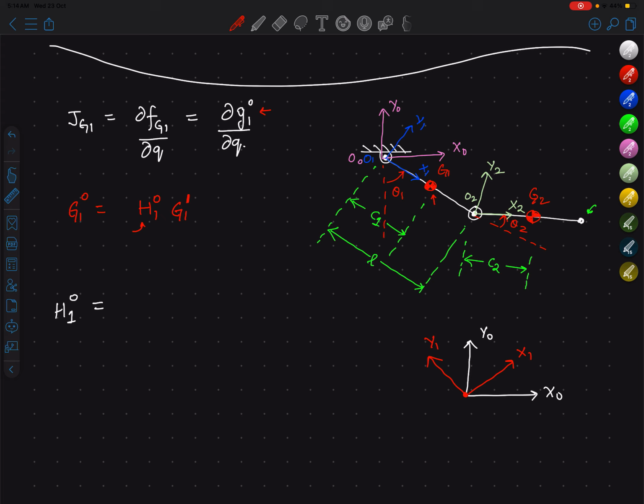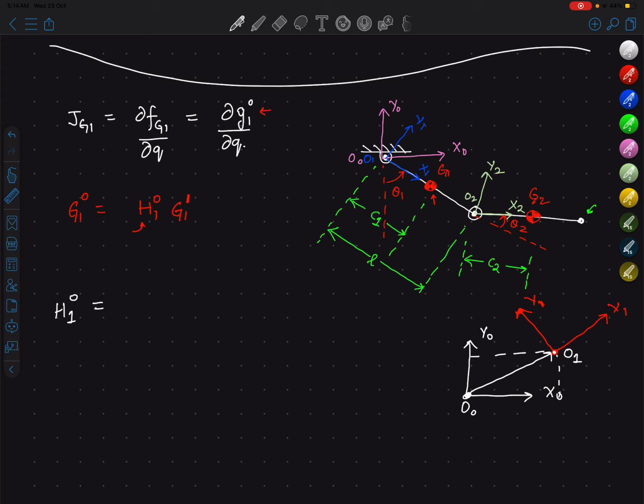Okay, let me include translation as well so that it becomes clear. So let's say this is x1 and y1, and it is translated by some distance. So let's say this is O1, and this is O0, right?